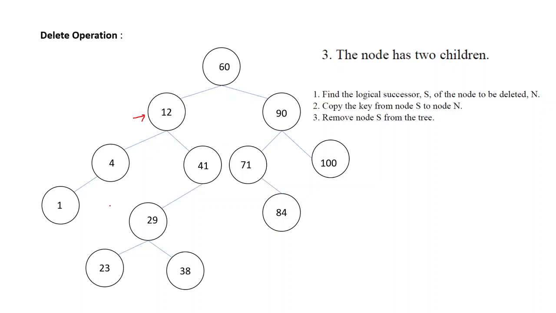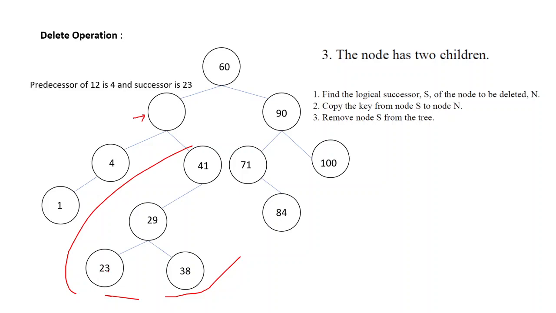So the least value in this particular tree is 23, because this is the leftmost leaf of this binary search tree. So what we will be doing is, we will copy the value of 23 to 12. So the value of 23 is now copied here, and this particular node will be deleted.